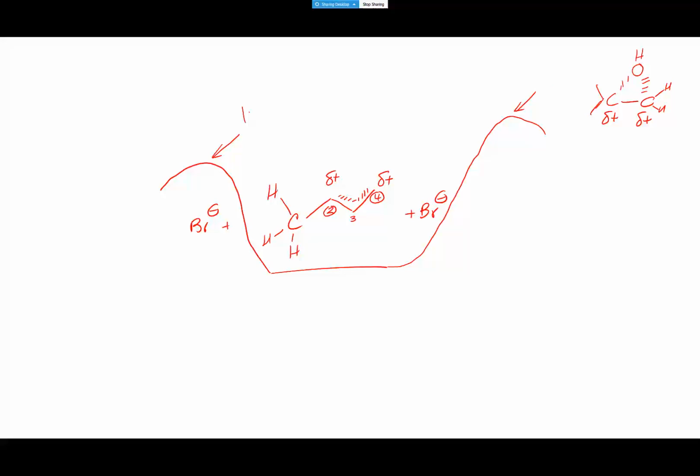So this will be lower because carbon 2 has greater delta positive charge. That's how that translates. Greater delta positive charge means, in the transition state, if you're reacting a +1 with a -1, the more delta positive charge you have, the closer you are to neutral, the more stable your transition state.